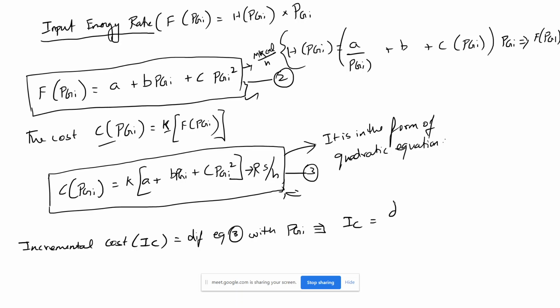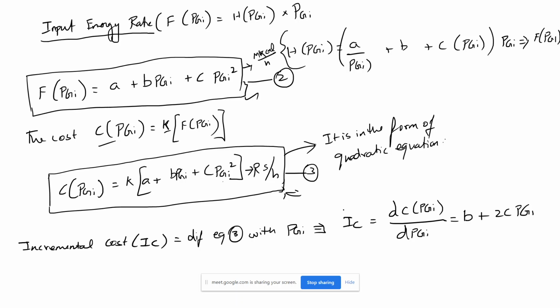IC is equal to the derivative of the cost C_PGI with respect to PGI. If you differentiate this, omit the constant k for everyone. A is also a constant, and differentiating b PGI gives only b, plus, here PGI is to the power 2, so we get 2c PGI.